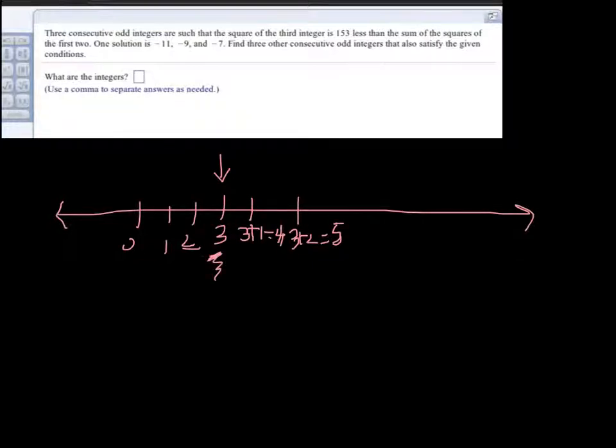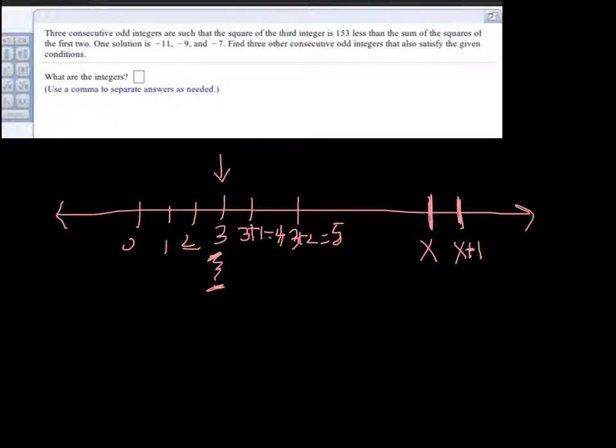Well, let's consider a new reference point down here. Some number we don't know. Since we don't know this number, let's call it x. So what is the next consecutive integer after x? Just like we did with our 3, we're going to add 1 to that x.